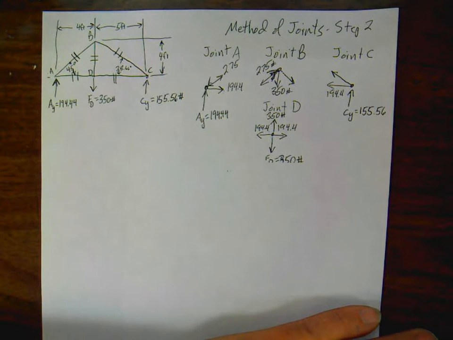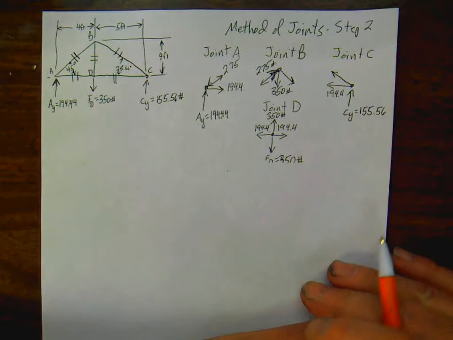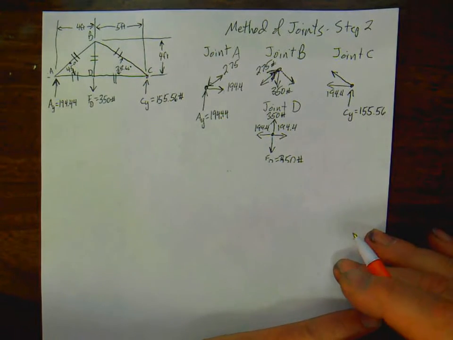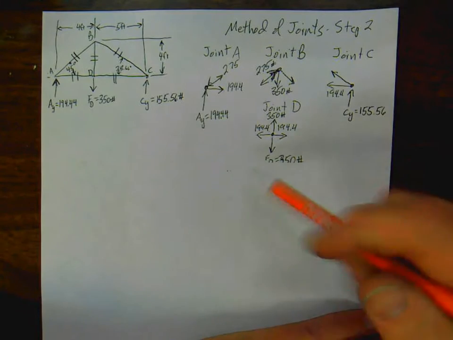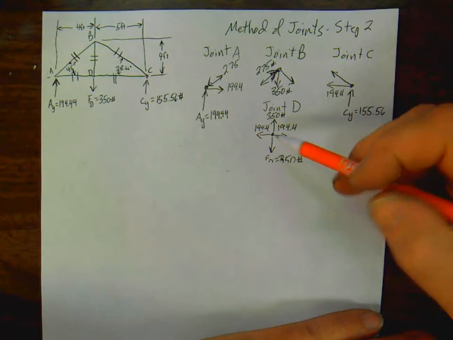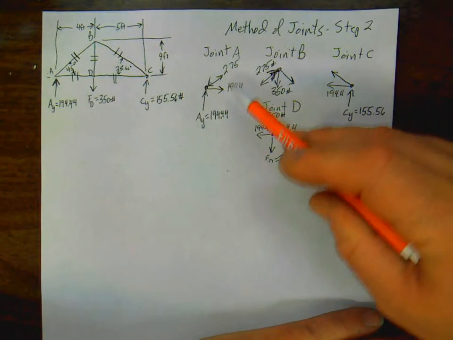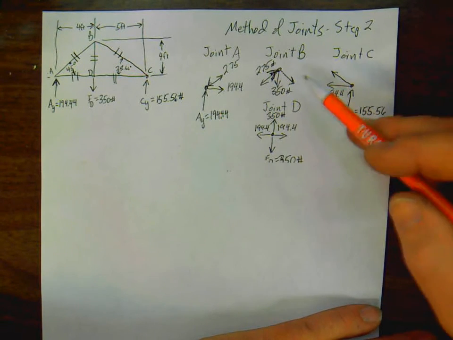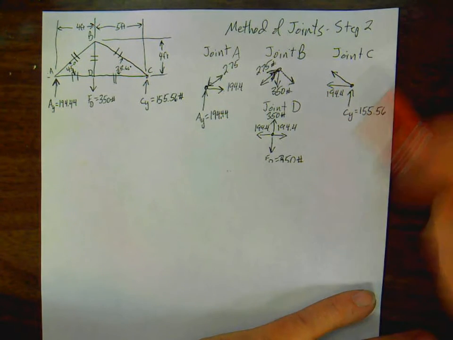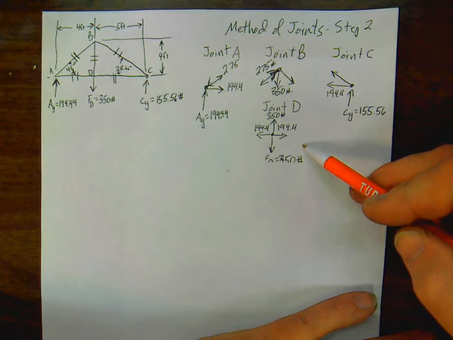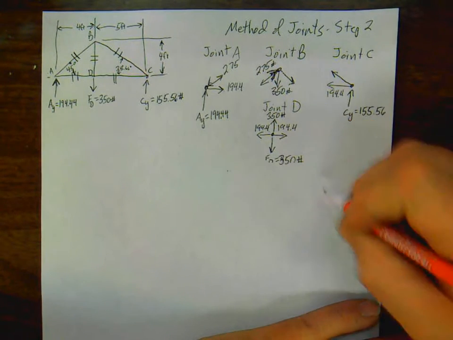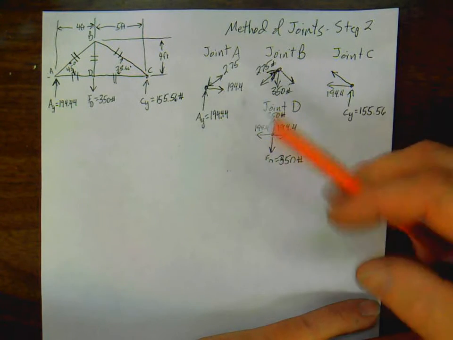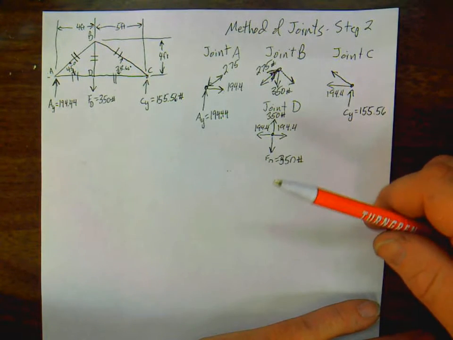Okay, so we are now going to start with the method of joints, where we have broken this truss up into the 4 different joints, and we've drawn free body diagrams at each of the joints. So I've got joint A, joint B, joint C, and joint D. And we need to determine exactly what these forces that are acting on each of these joints are.